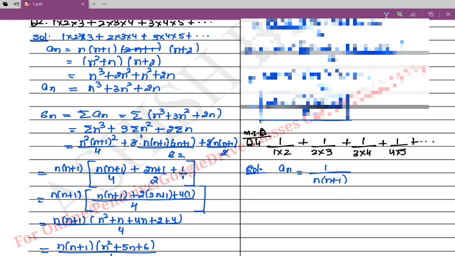So now the problem here is the formulas which we have discussed of sigma n square and sigma n cube are specially designed for natural numbers. We keep in mind that n is a natural number here, but the expression here is 1 upon n into n plus 1, so obviously it is a fraction, so it will not be applicable for natural numbers. So we cannot apply the formulas directly here. So there is a totally different way of doing this question.